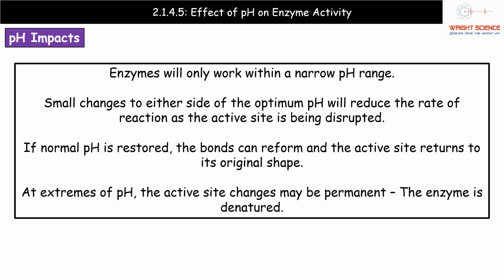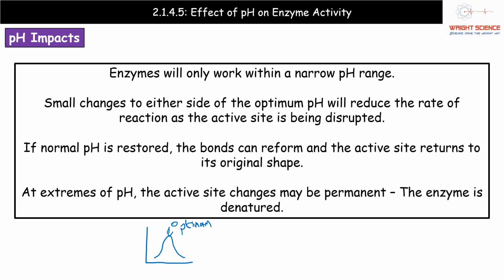Because of all these impacts, what we find is the enzymes only work in a narrow pH range. So when you actually look at your typical little graph, you're going to get this quite standard little bell-shaped curve. Now, we still have our optimum, which is going to be the pH at which we have the maximum rate of activity of our enzyme.